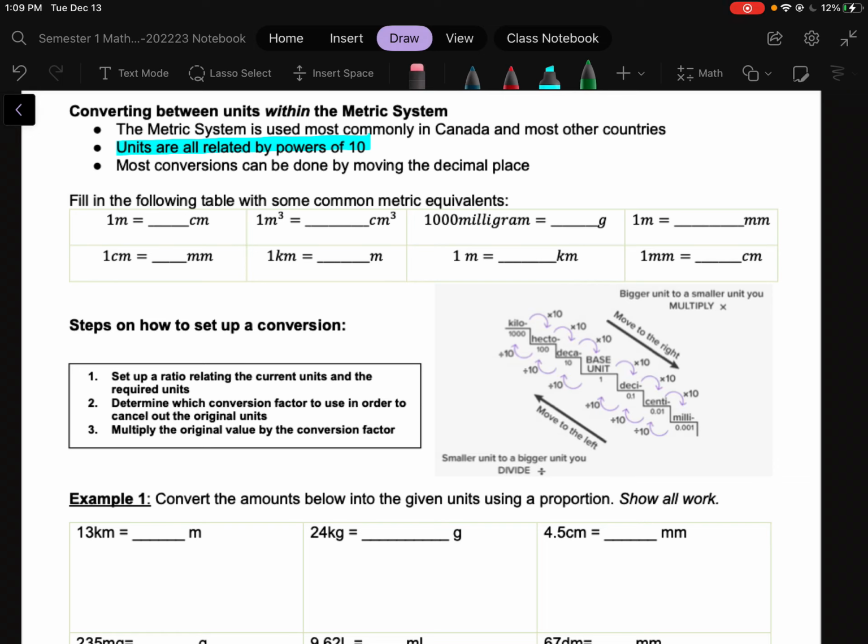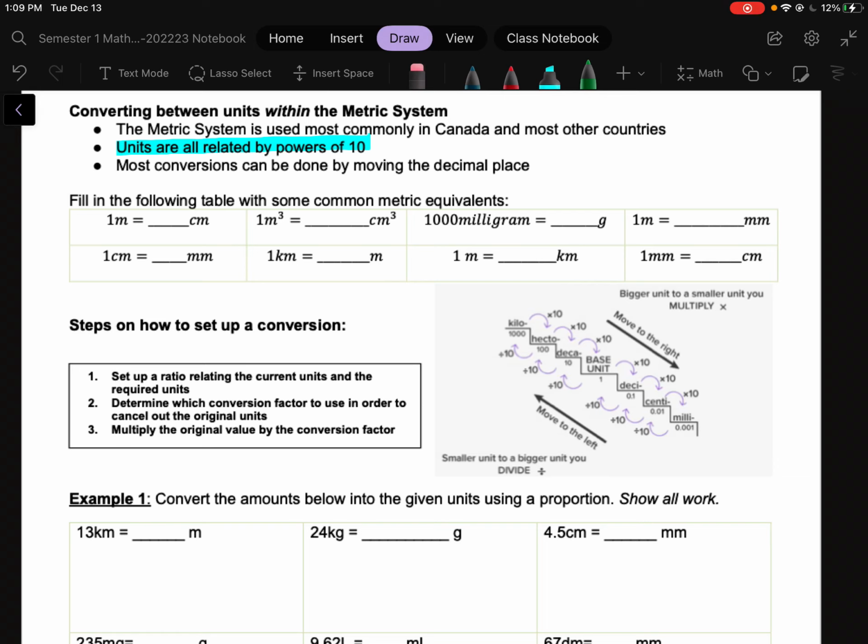If we want to go from our base unit, which is 1, to millimeters, we multiply by 10 three times because it's a power of 10. But if we want to move to the left, to a smaller number, we divide by 10. That is how it works depending on which way we want to go.